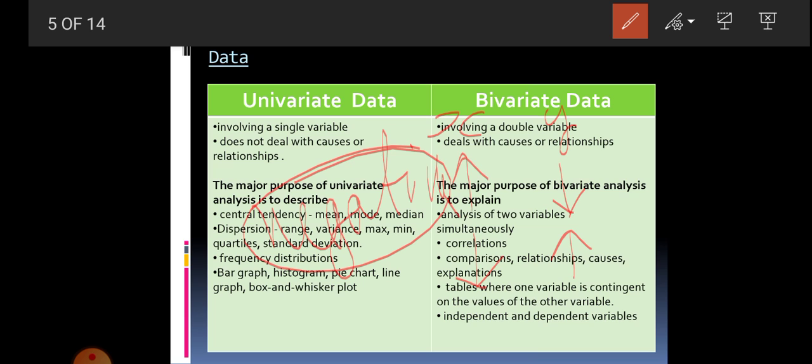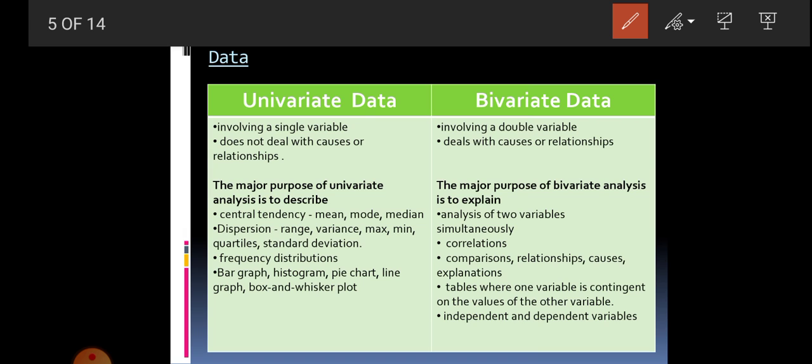If you decrease the number of workers, then the time taken will increase. One more example: if price increases, then demand will decrease. If demand increases, it means price has decreased. This kind of thing is known as negative correlation.